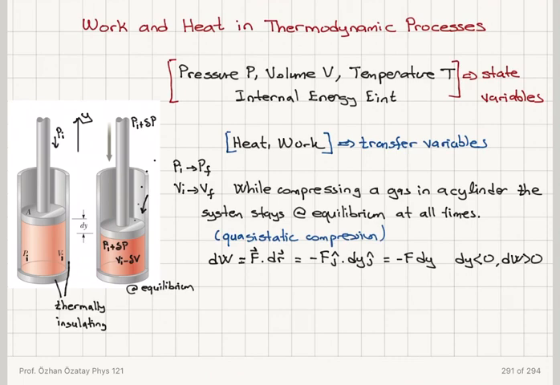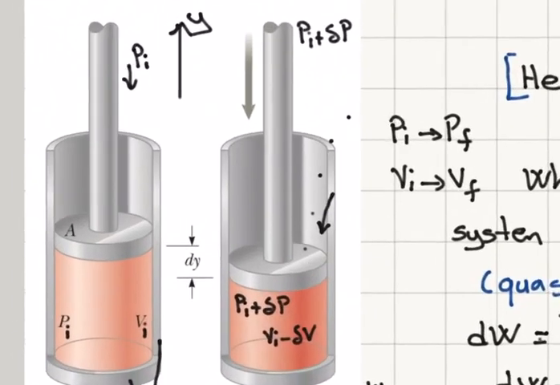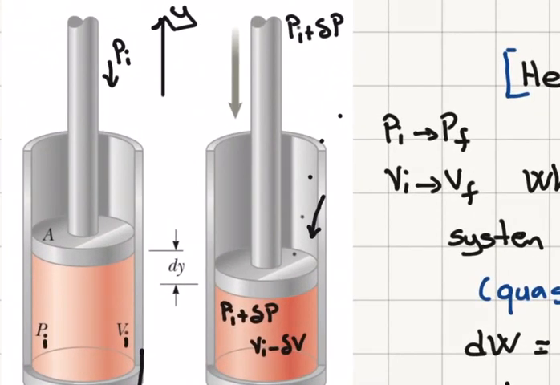All right. So what is this force that I'm applying? The force that I'm applying is the pressure times the area. So by definition, pressure P is force divided by the perpendicular area. So what is this perpendicular area?